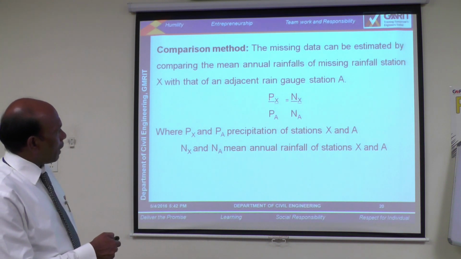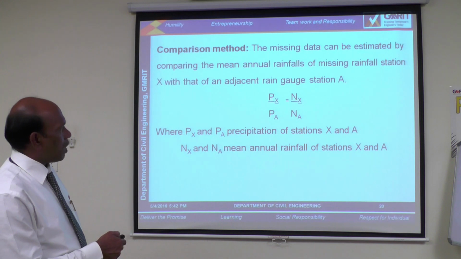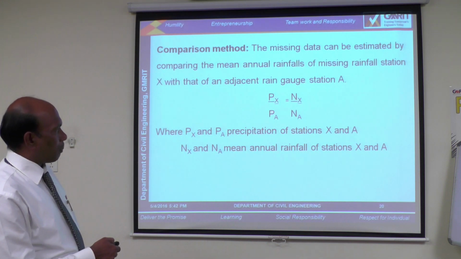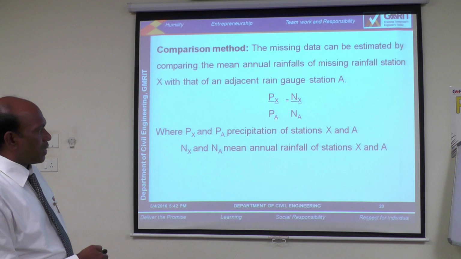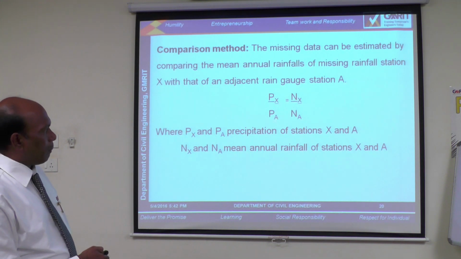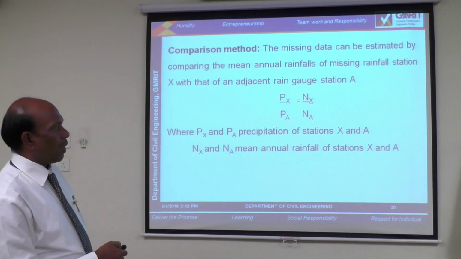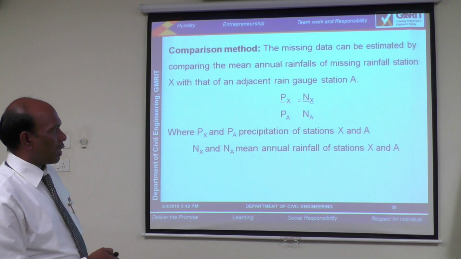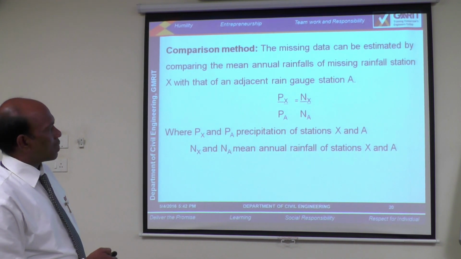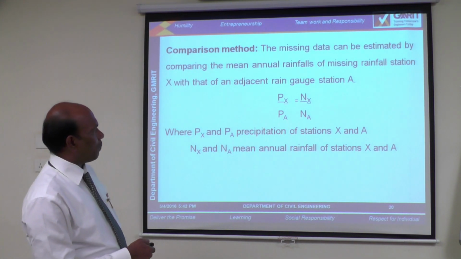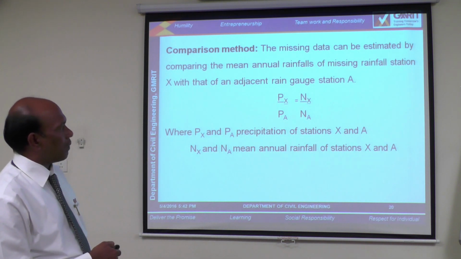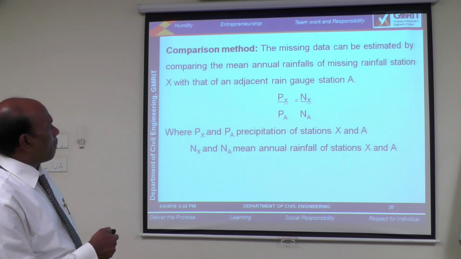Here Px represents the rainfall of station X, and Pa represents the rainfall of station A. Px divided by Pa equals Nx divided by Na. N represents the mean annual rainfall of station X and of station A. So this is the simple formula used for the determination of missing rainfall data by the comparison method.